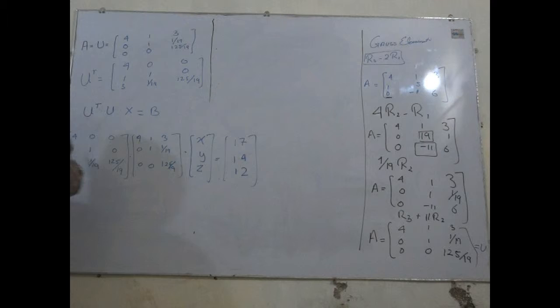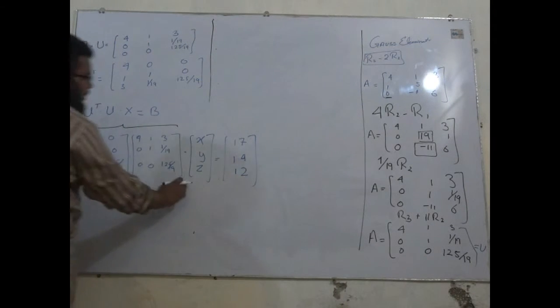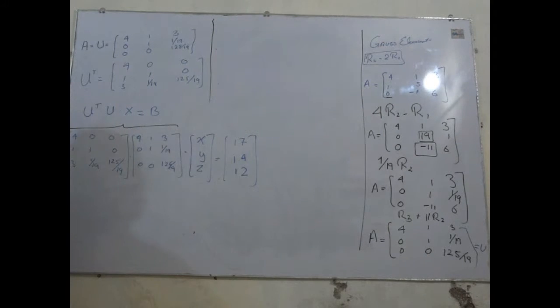So this is the equation. So first I have to multiply the product of this into X is equal to 17 over 4. As you see, in matrix multiplication, rows and columns will be the same here.